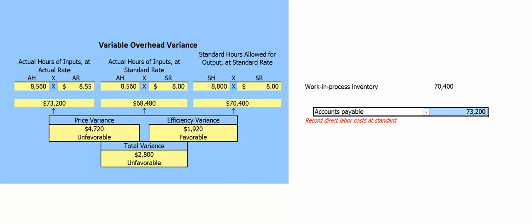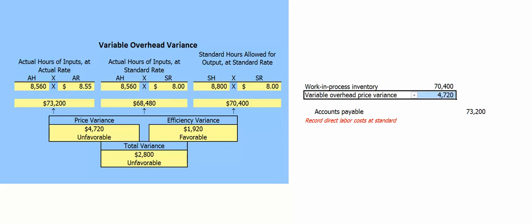And so we would have, of course, credited cash or credited accounts payable for that amount. The difference between what we recorded at standard and what we actually incurred will be broken down into our variances. Our price variance was $4,720, and it was an unfavorable variance. And our efficiency variance was $1,920, a favorable variance. And once again, we notice debits equal credits.